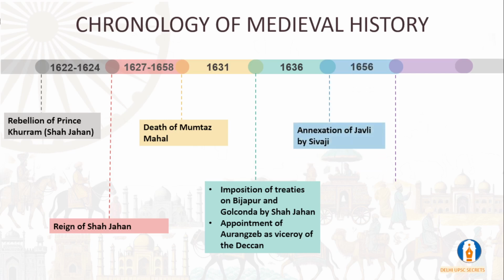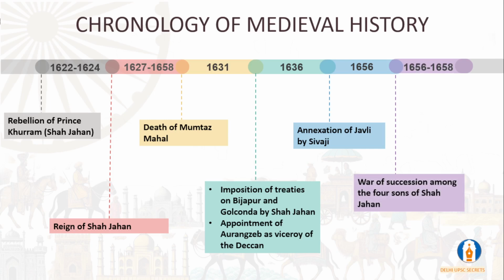In 1656 AD, annexation of Javli happens by Shivaji Maharaj. Chhatrapati Shivaji. Then 1657 to 1658, the War of Succession happens among the four sons of Shah Jahan.